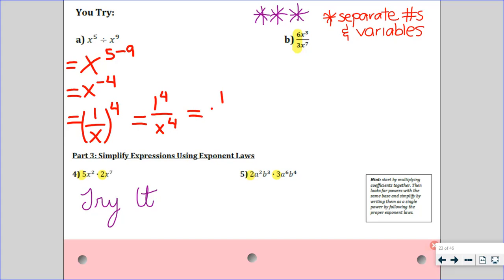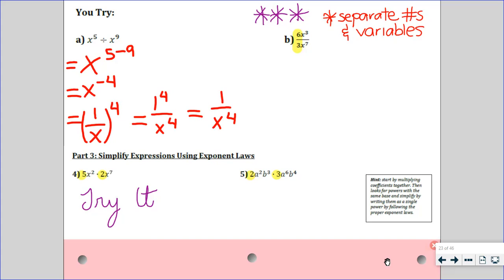So our final answer will be 1 over x to the power of 4. So in this case, we followed our steps to separate numbers. We kept our base the same. We subtracted exponents. We're left with a negative exponent. We flipped it and did the reciprocal. And we applied our exponents to both the numerator and denominator to get our final answer of 1 over x to the power of 4.